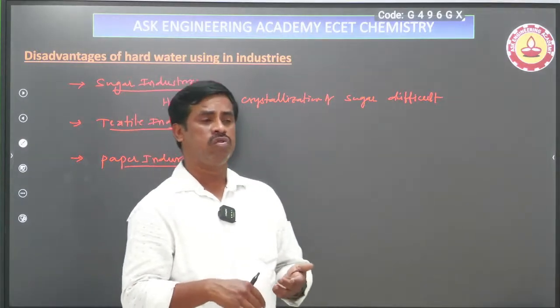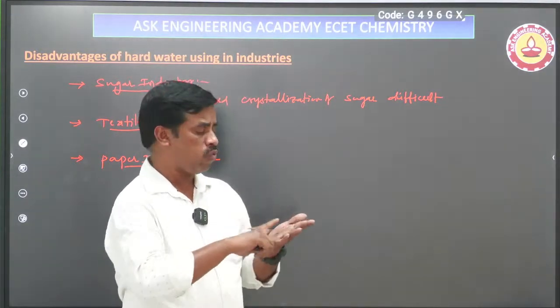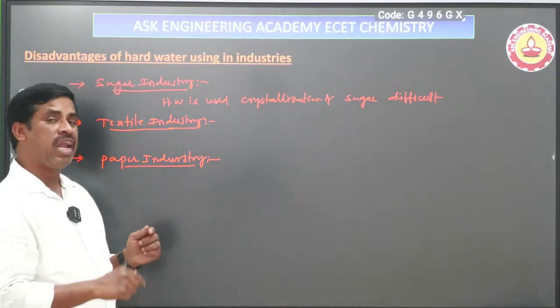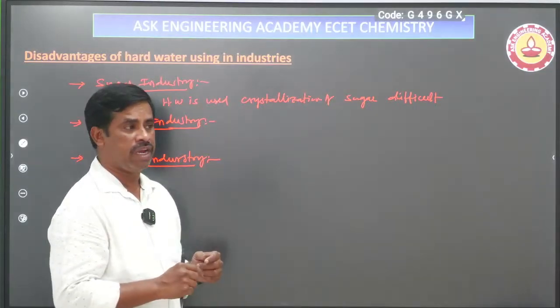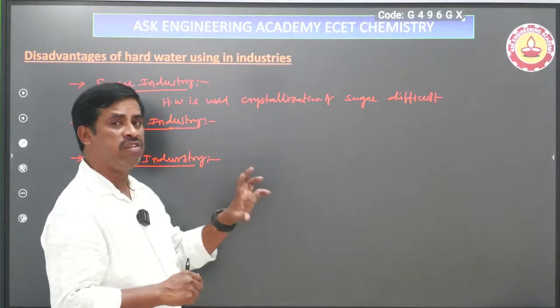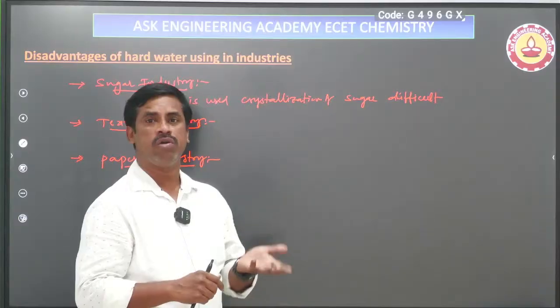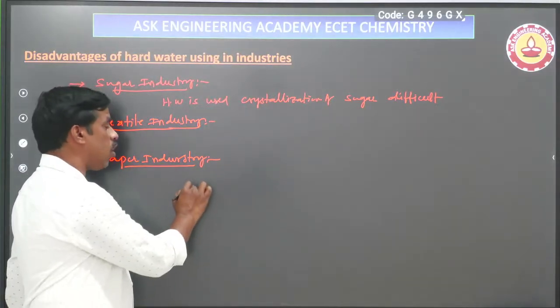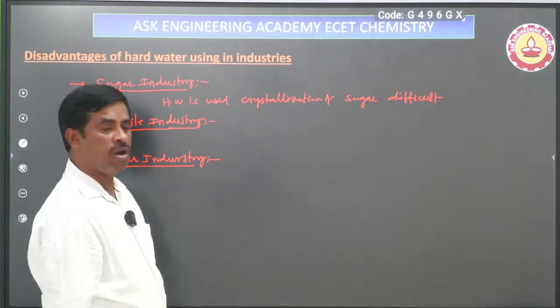Whenever soft water is used, the paper is obtained in a pure white color. Whenever hard water is used, a light brownish paper is obtained. That is the difference between soft water and hard water. Paper quality is reduced whenever hard water is used.